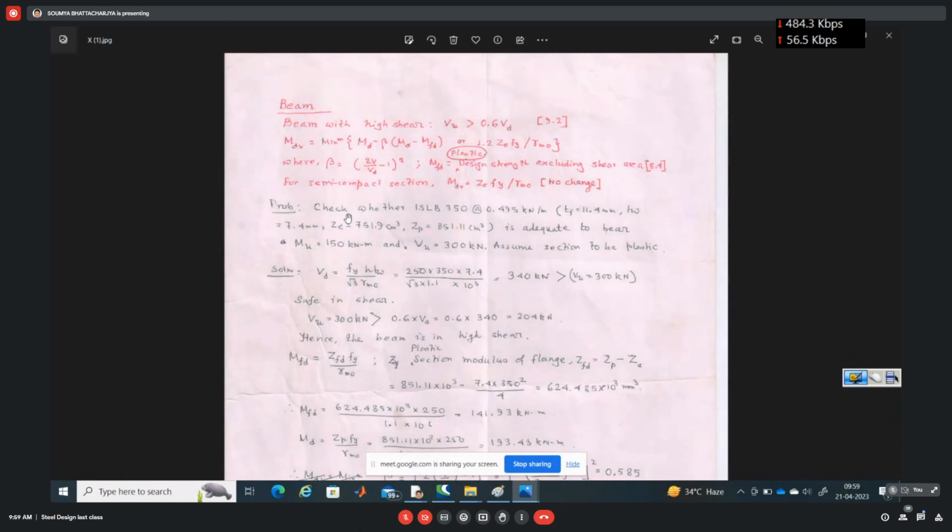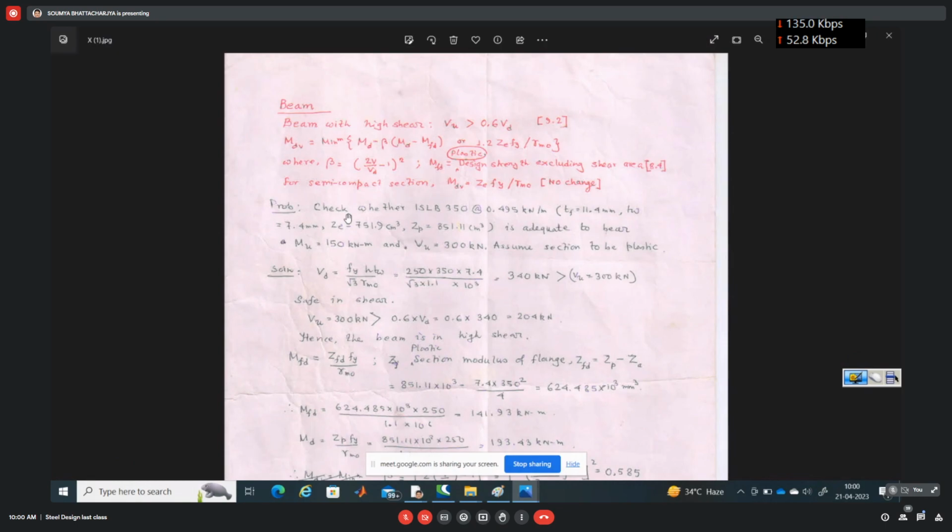Like in a cantilever beam, you see that the maximum bending moment and maximum shear force are occurring at the same section. For cantilever beams, maximum bending moment and shear force are acting at the same section. So in those cases, there is a chance that moment capacity gets reduced because of the presence of high shear force.